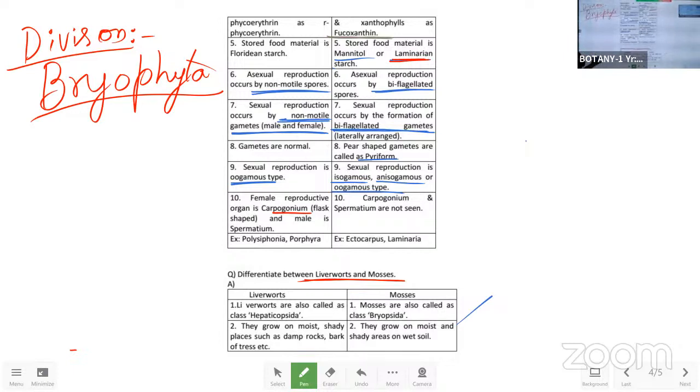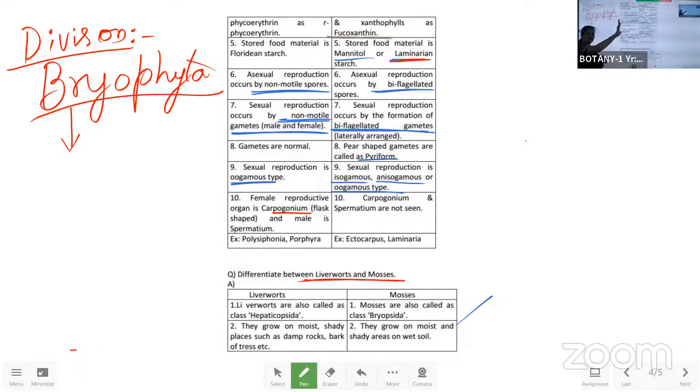And these organisms are the first land plants, the amphibians of the complete plant kingdom we can say, because they can live in the presence of abundant water, as well as when water is not there, they can start their life on the soil. So these are the first organisms in the entire plant kingdom that have started their life on the soil directly. Because all these others are aquatic organisms.